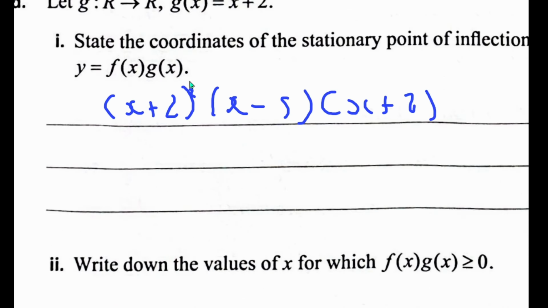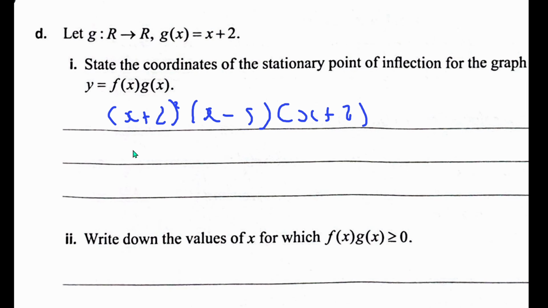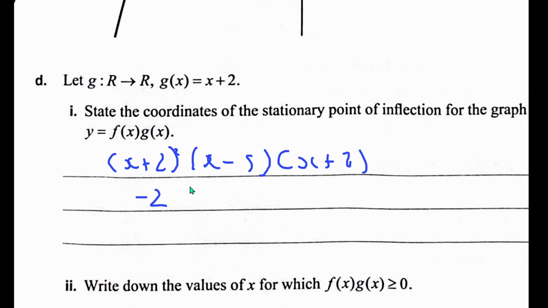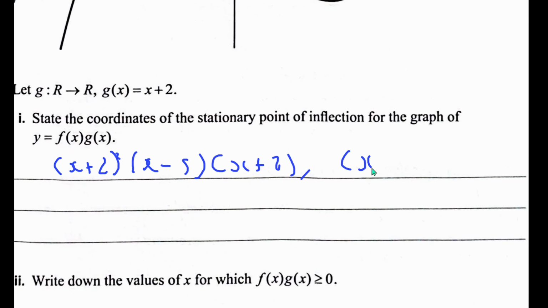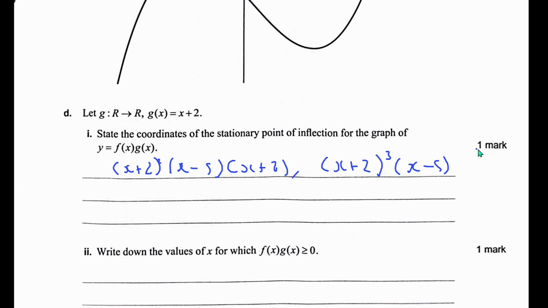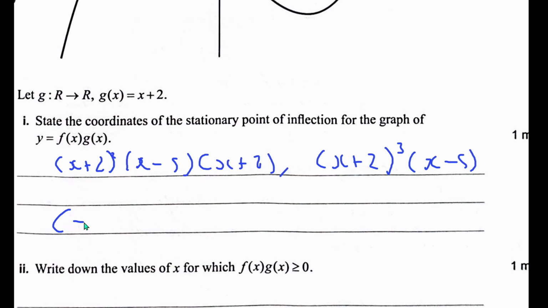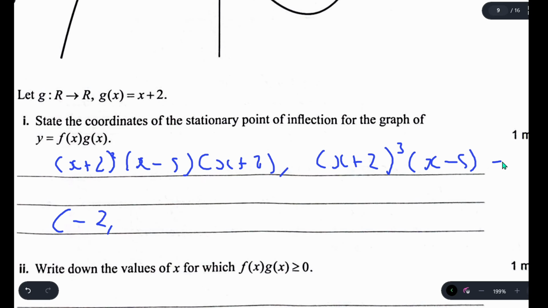As you can see, this will be to the power of 3 because of that. So therefore the coordinate would be at -2. And if I substitute -2, so x plus 2 cubed bracket x minus 5, only 1 mark. If I make x equal -2, then this will equal 0.